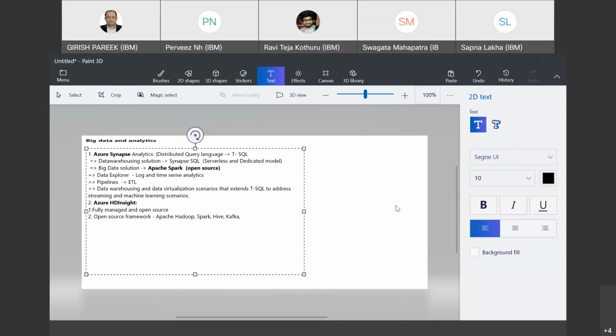You will be able to process massive amounts of data and get all the benefits of the broad open source project ecosystem. So when your need is to process a massive amount of data and get all the benefits from different open source products, then you can think of Azure HDInsight.